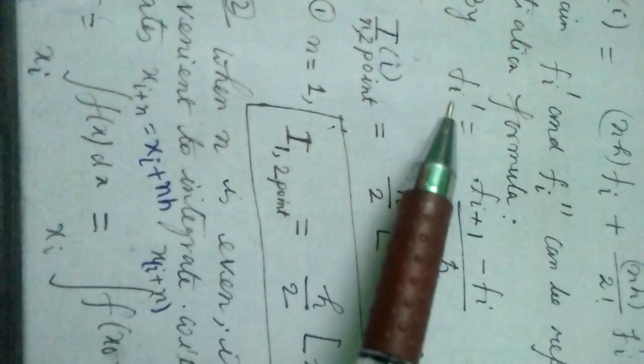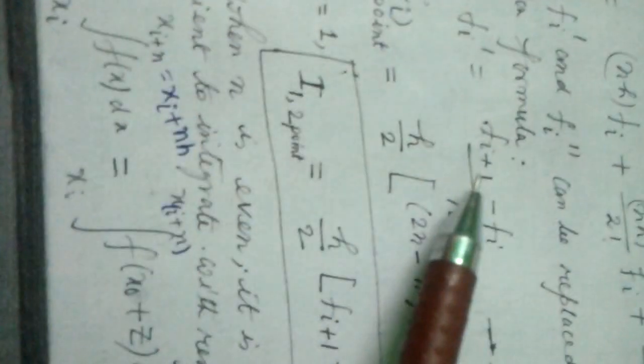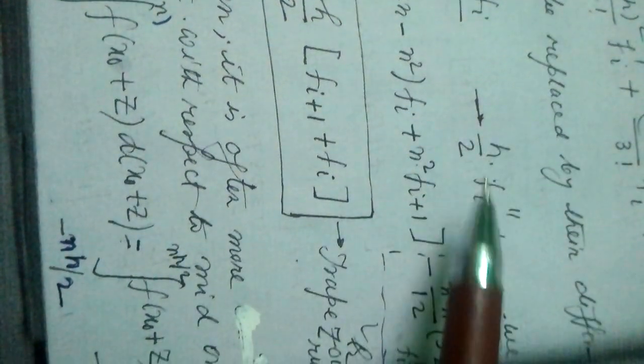By this formula we know already, we have derived in differentiation, f_i' is equal to (f_(i+1) minus f_i) by h, and this is the error term, so you can neglect this one.